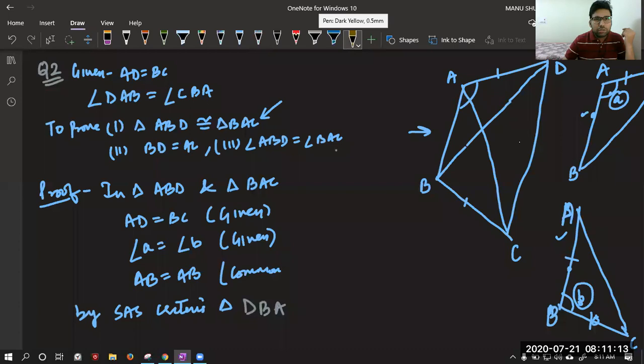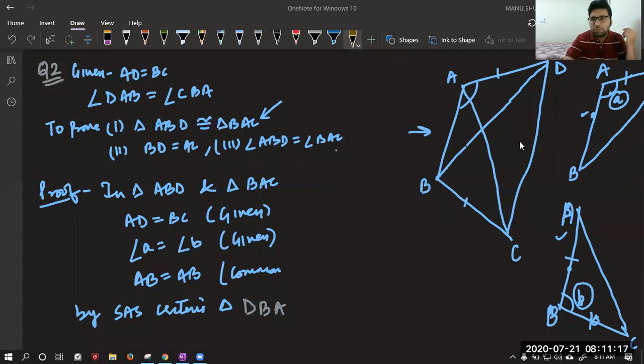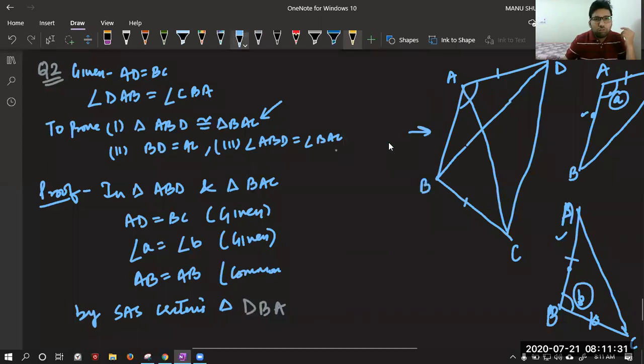Yellow. Let's go for yellow color. No? One second. Blue is visible better, Gitaram is saying. So we will go with blue only.